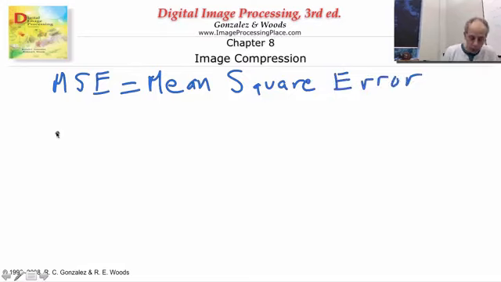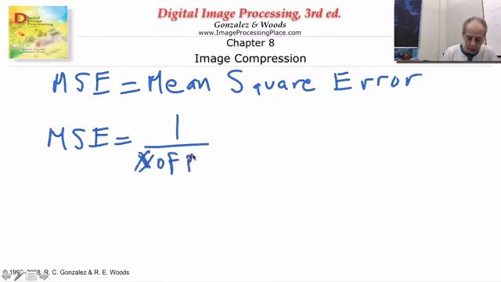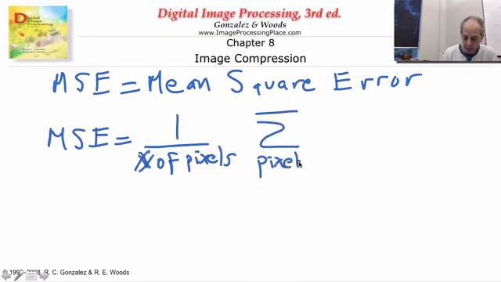The mean square error, the MSE, is equal to 1 over the number of pixels. That's just a normalization. We sum over all the pixels. And what we do is we basically compute the square of the error.